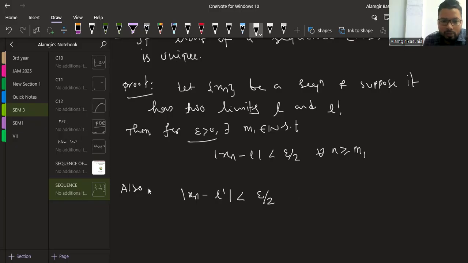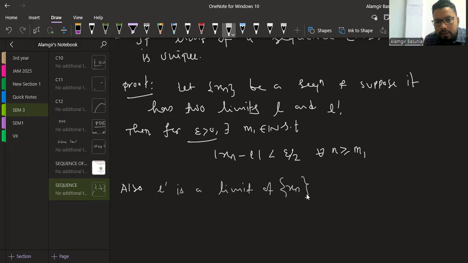Now also L prime, we have to write one more line. Also L prime is a limit of xn.